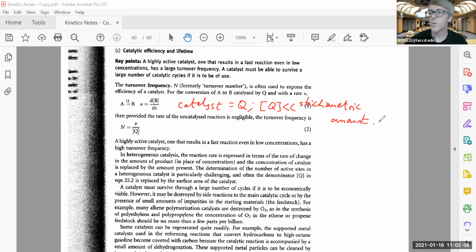One of the ways we can gauge how hardworking the catalyst is is by its turnover frequency, N, or turnover number. The turnover number is going to give us our rate. So N is going to be the reaction rate, which they've called V here, divided by the concentration of catalyst.